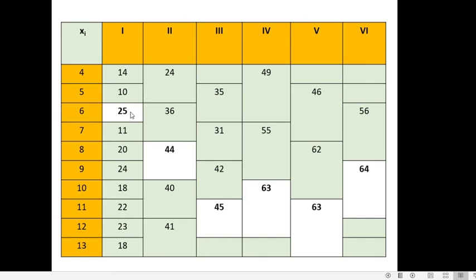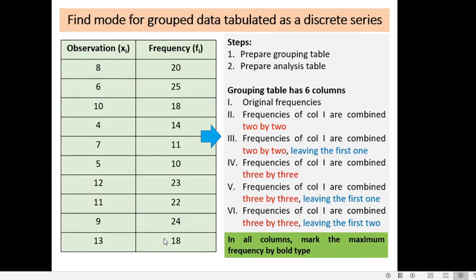The next two are 25 and 11, so they are combined and written as 36. The next will be 20 and 24 combined and written as 44. 18 and 22 gives 40. 23 plus 18 gives 41. So, this is how column 2 is prepared. That is, the frequencies of column 1 are combined 2 by 2.